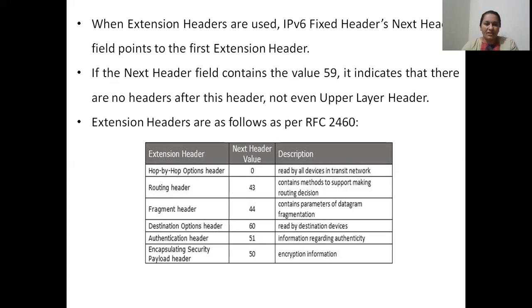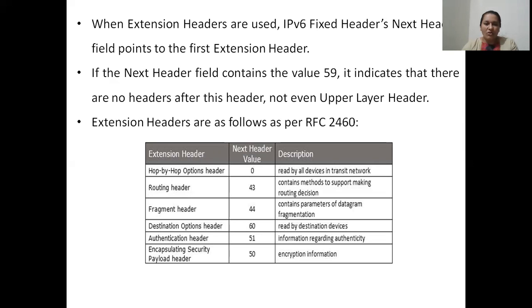Apart from 59, there are many predefined extension headers as per RFC 2460. This table shows the predefined extension header values which are generally in use in IPv6. If the next header value stores 0, this indicates the hop by hop options header.